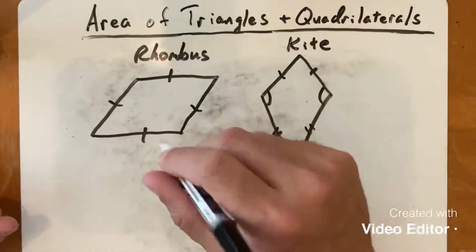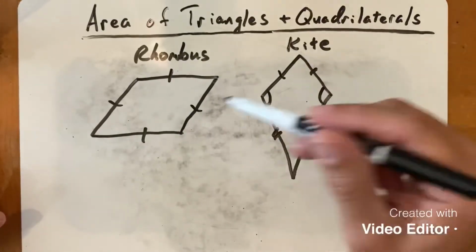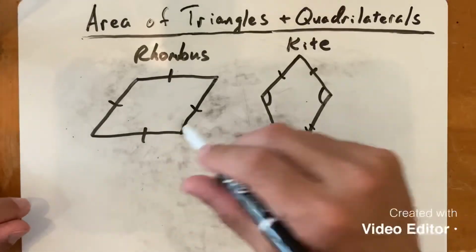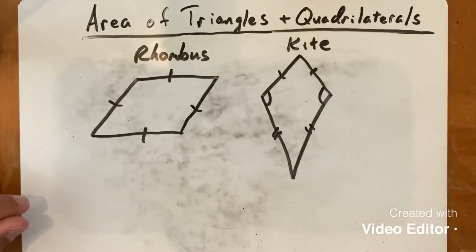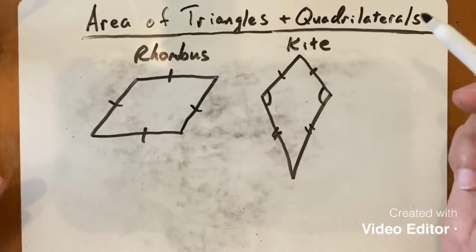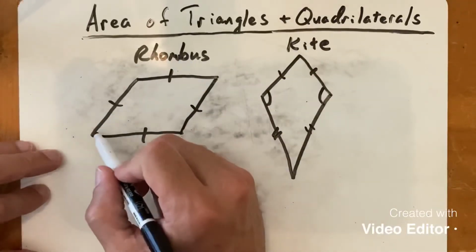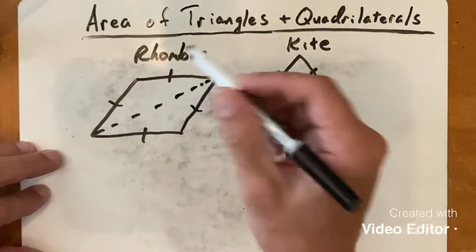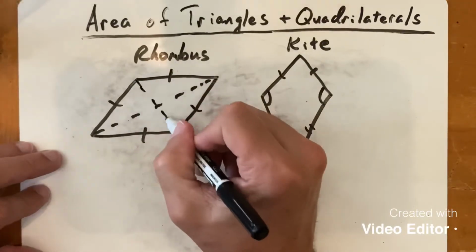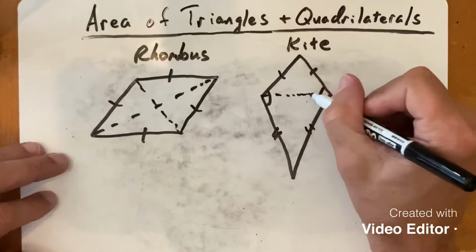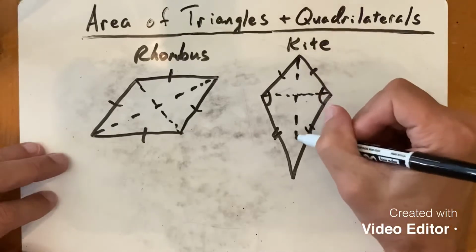Okay, so the equation to find the area of both of these is the same. But instead of basing it on height and base, this is going to be determined by the length of their diagonals. Remember, a diagonal is simply a segment connecting opposite vertices. In this case for a rhombus, the diagonals would be there and there, and for a kite, they would be there and there.